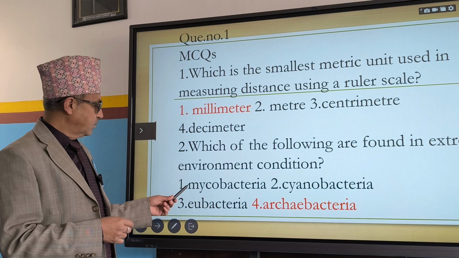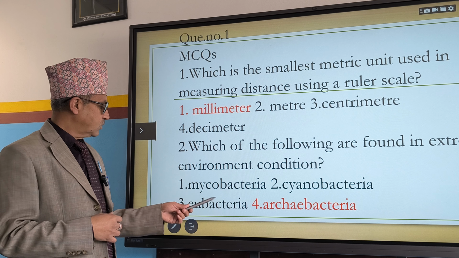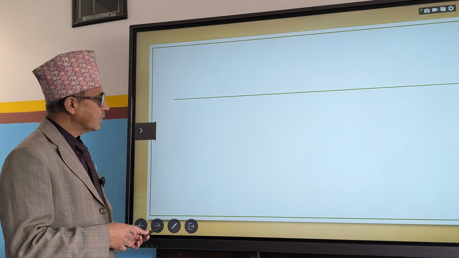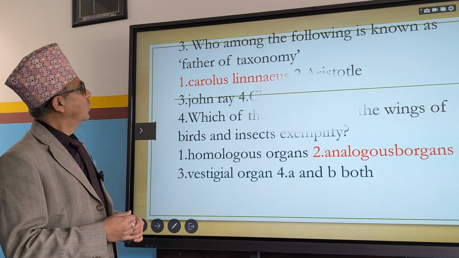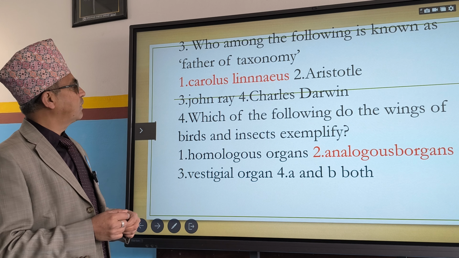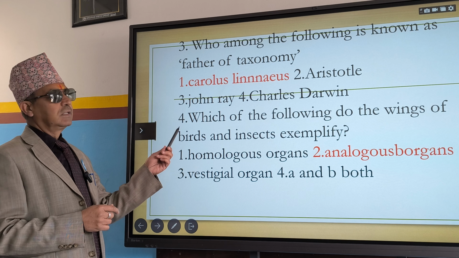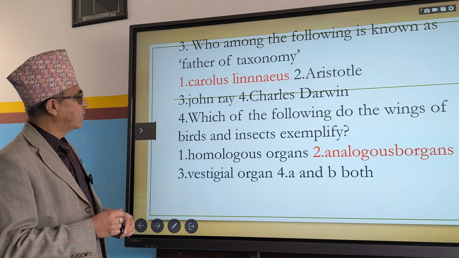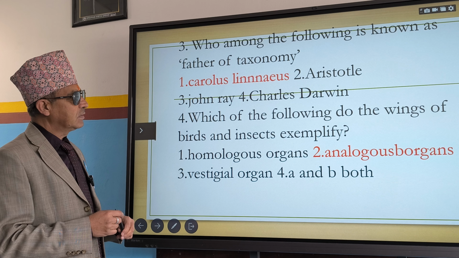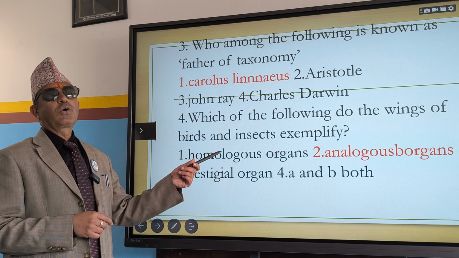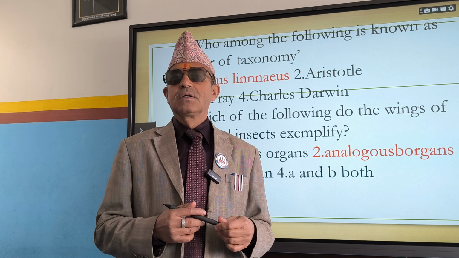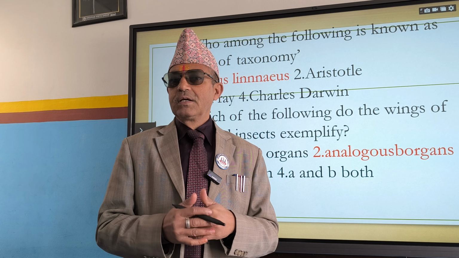Archaebacteria, right? Here are given mycobacteria, cyanobacteria, eubacteria, archaebacteria. Who among the following is known as father of taxonomy? Which of the following do the wings of birds and insects exemplify? Analogous organs. So what is meant by analogous organs? Different origin, same function.